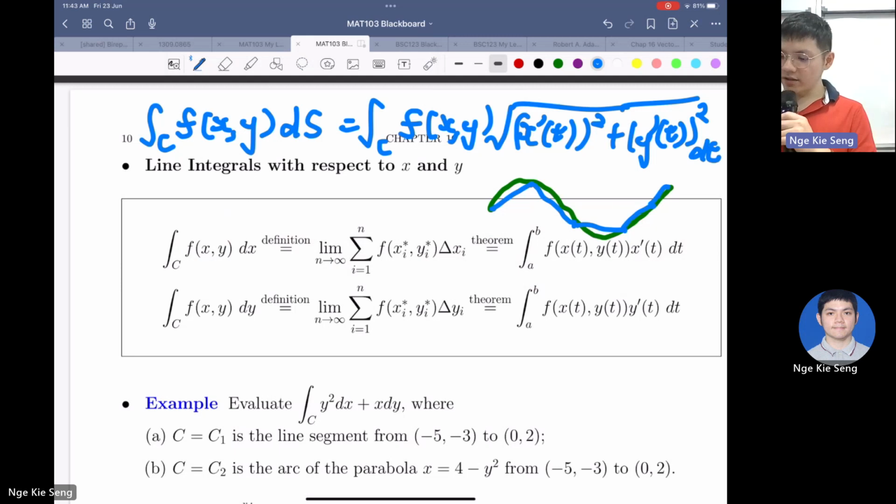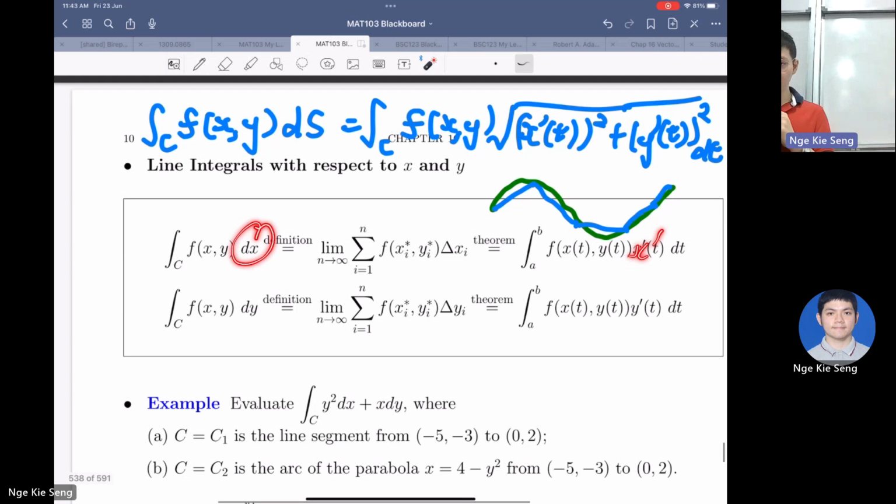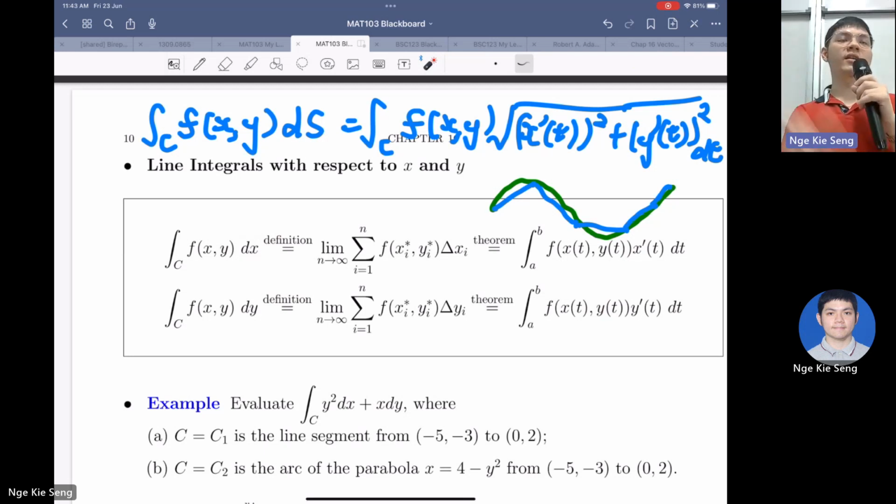So if you keep one of the variables constant, then the derivative becomes 0. Square root of a square, you just get x prime t if you differentiate with respect to x. Y is just 0. So it makes sense, this formula here. You only get x prime t if you integrate with respect to x. If you integrate with respect to y, then you get a y prime t. Y changes, but x doesn't change.